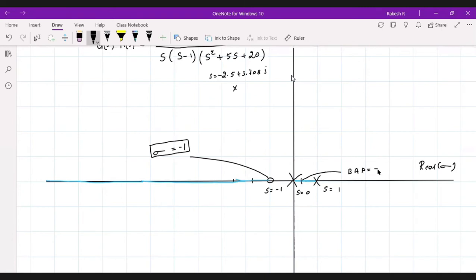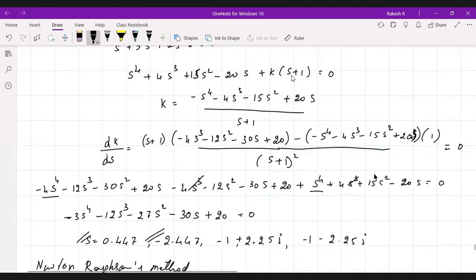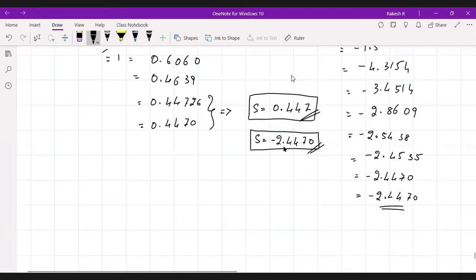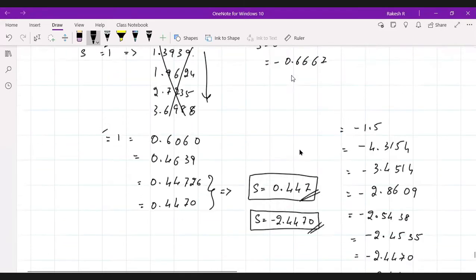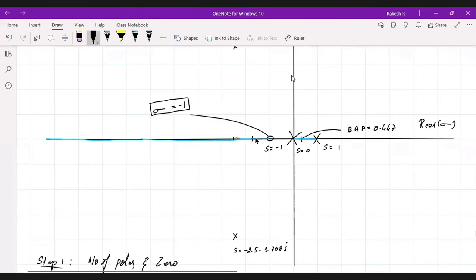That is 0.447, and then we have got minus 2.447 now. Minus 2.447 is between 2.4 and 2.5. This is the break in point. That is minus 2.447. Right.